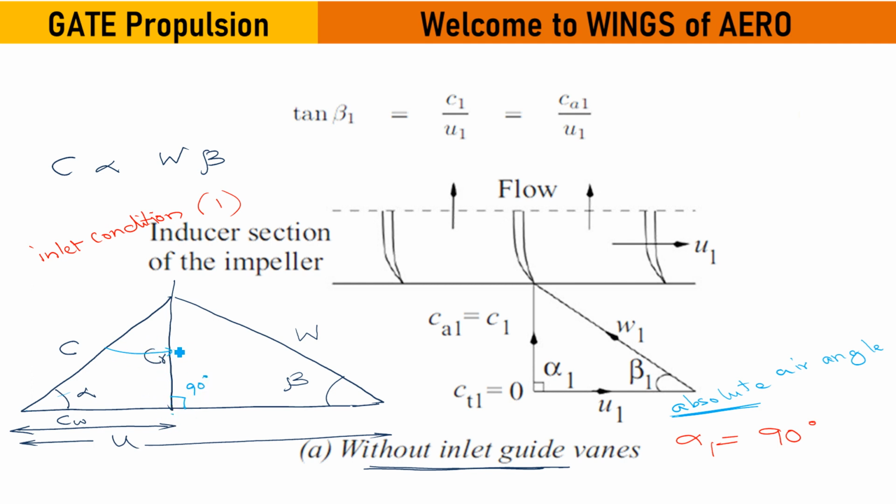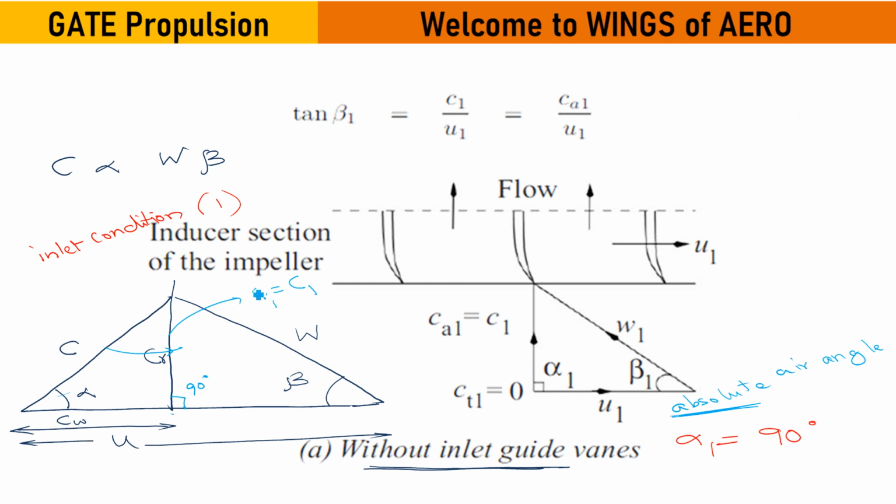If I am shifting this line over here, can I mention CR is equal to C? Now this is the inlet case, so I will write CR1 equal to C1. What is C1? C1 is the absolute inlet velocity, and CR1 is the inlet radial velocity.